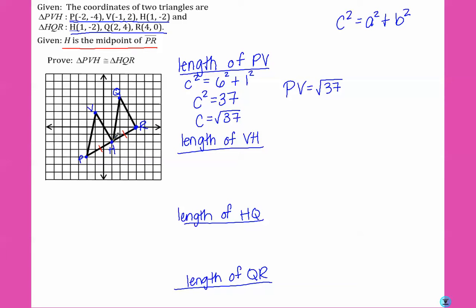For VH, we go up 4 and over 2. So c squared equals 4 squared plus 2 squared. If we simplify, we get that c squared equals 20. So c equals the square root of 20, and that's the length of VH.